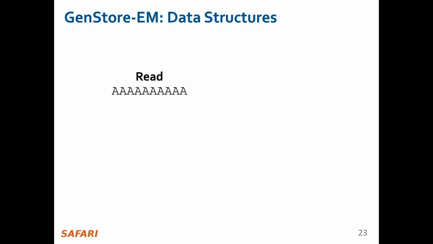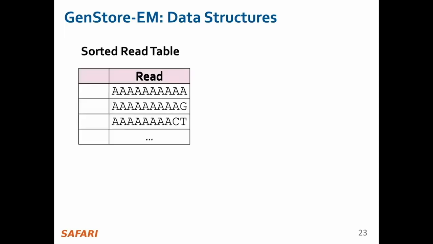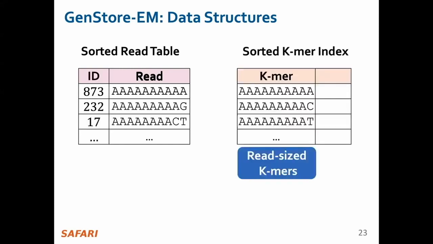Based on that, we introduced two data structures in our work. First is the sorted read table, each entry of which stores a read and its unique ID, and a sorted k-mer index, which contains all the unique read-sized k-mers extracted from the reference genome, along with each k-mer's corresponding location in the reference genome. If you remember, when I was refreshing the background of read mapping, we discussed an index with small k-mers and their locations.